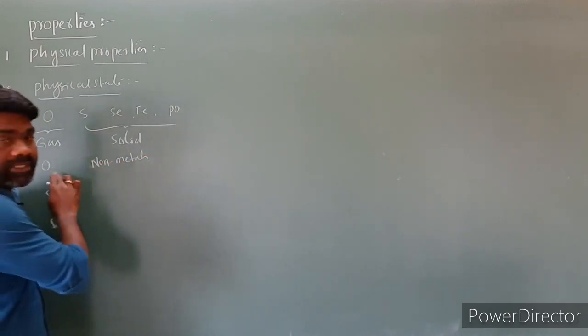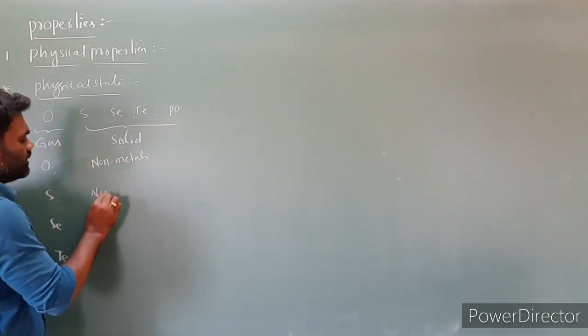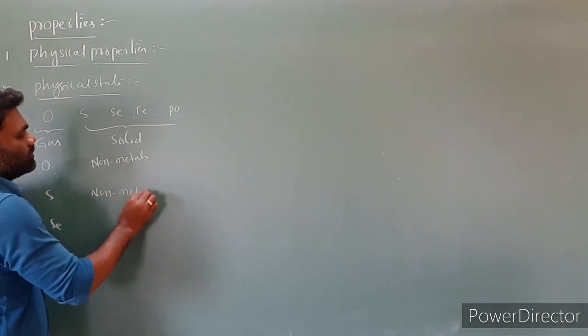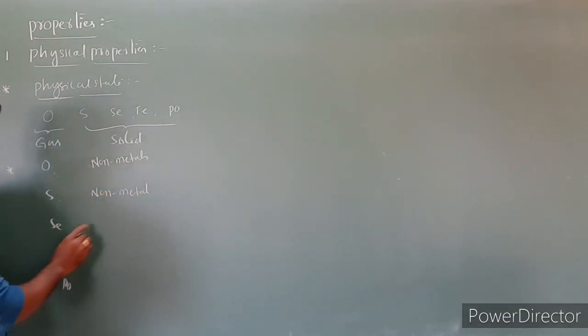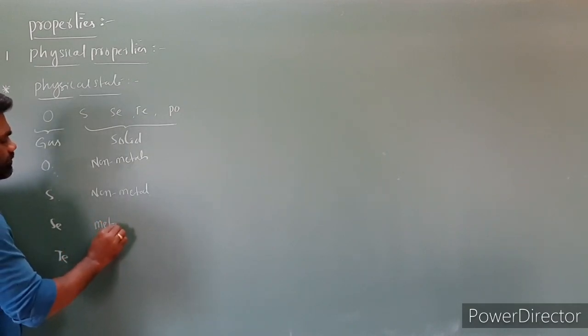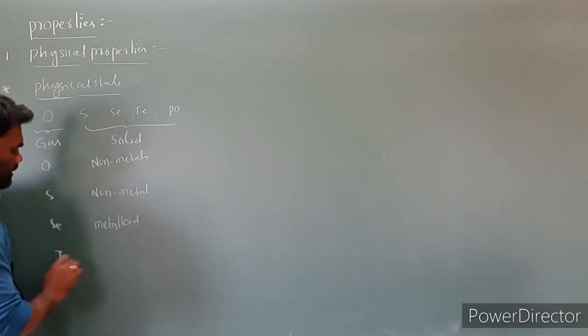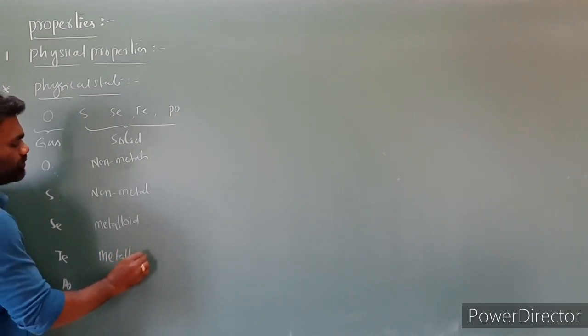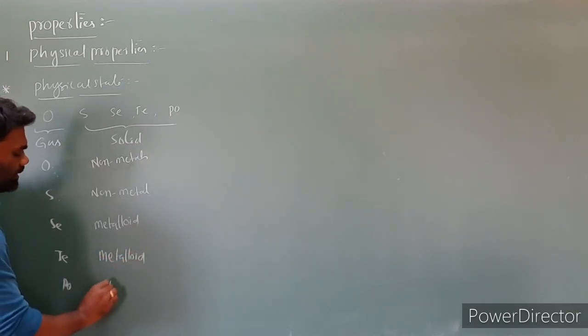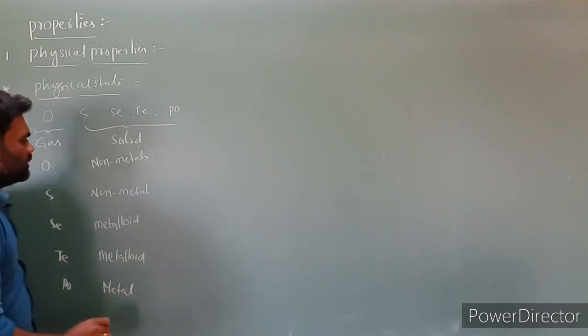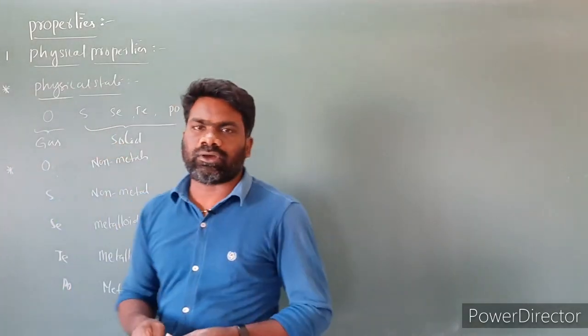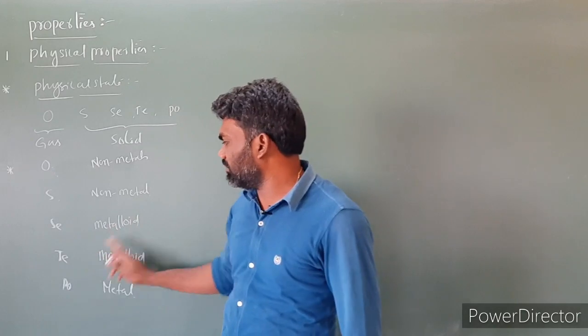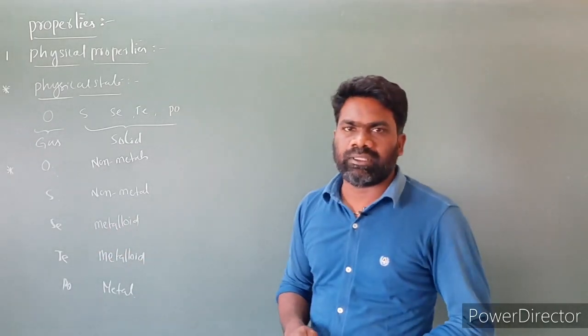Selenium is a metalloid, and tellurium is also a metalloid. And polonium is a metal. So oxygen and sulfur are non-metals, selenium and tellurium are metalloids, and polonium is a metal.